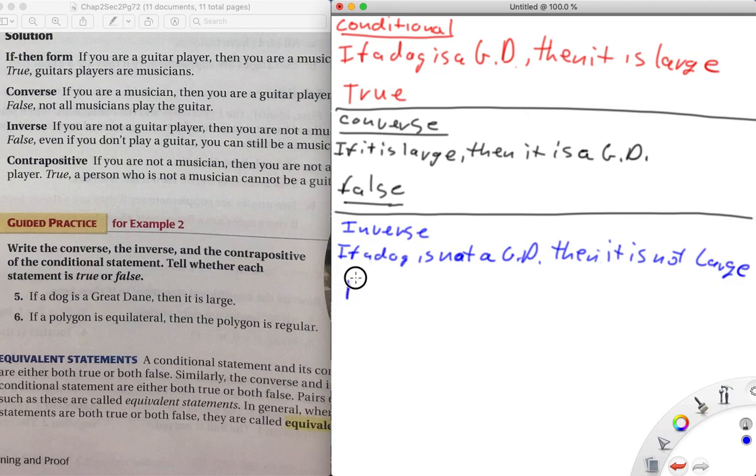That's also false. We can think of a dog that's not a Great Dane that is large.